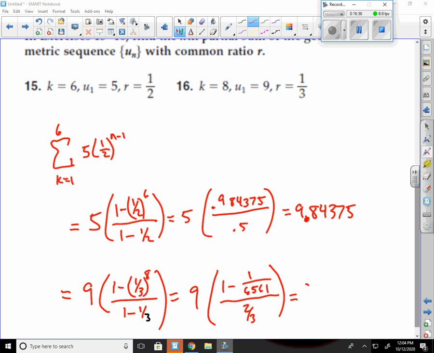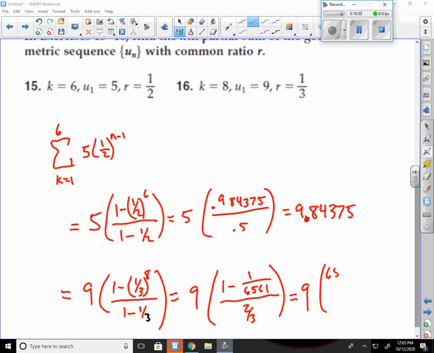Subtract that out. That gives me 9 times... Now, in order to do that, I have to get a common denominator for this top part of the equation. It's not a function. But I have to get a common denominator of 6561. So I multiply the top and bottom by 6561, then subtract 1.